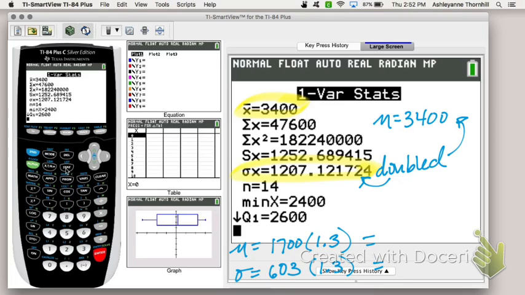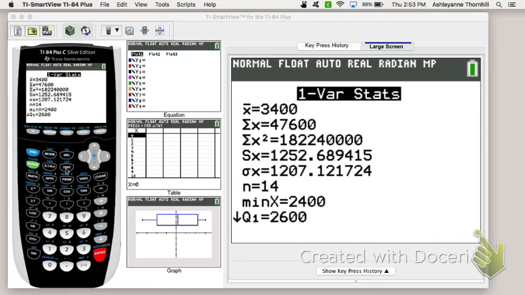So what do you get? 2210. And then what about the standard deviation? 784. Because you're giving them a 30% raise, you're increasing everyone. So it's 100% plus 30%. They're already getting 100%, and then they're adding that 30%.